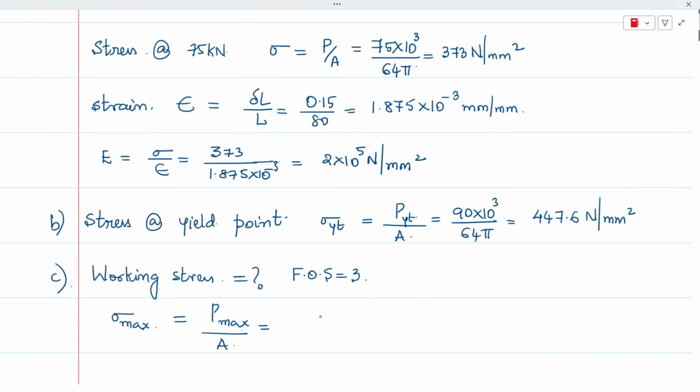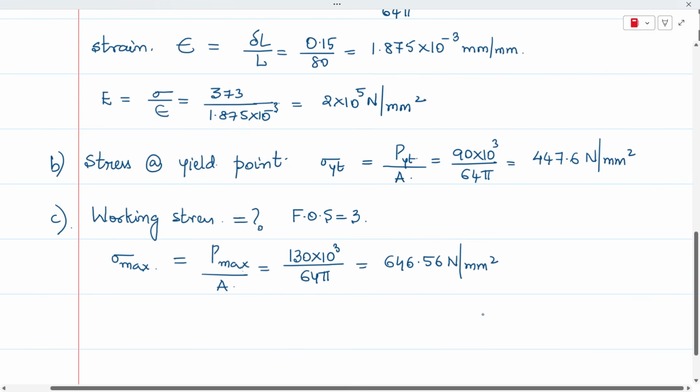Maximum load is obtained at the ultimate stress point. So maximum load value is given as 130 kilonewtons. 130 into 10 power 3 divided by 64 pi, which gives us 646.56 Newton per mm square.